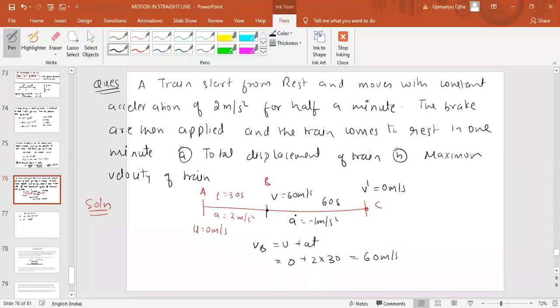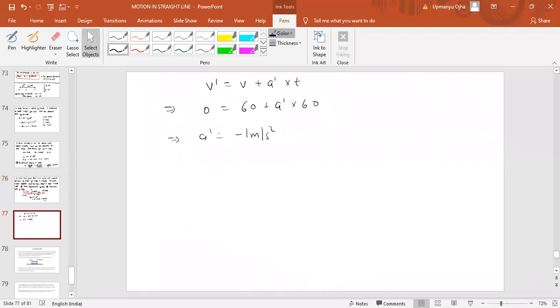Now maximum velocity we found. Can we find the displacement of the particle? Okay. So can we find displacement between A and B? So displacement of train from A to B, say x1, that is ut plus half at square.